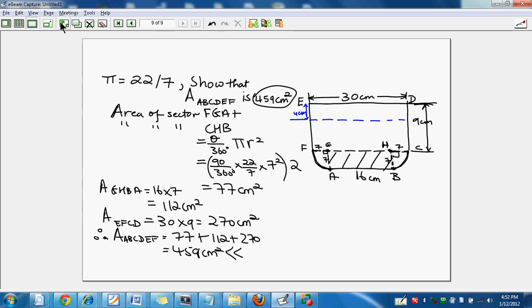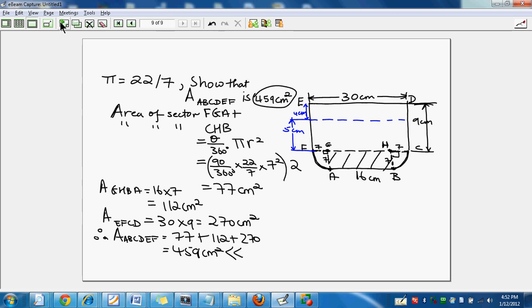So this distance here will be 5 centimeters. So you'll have water from here go all the way down.